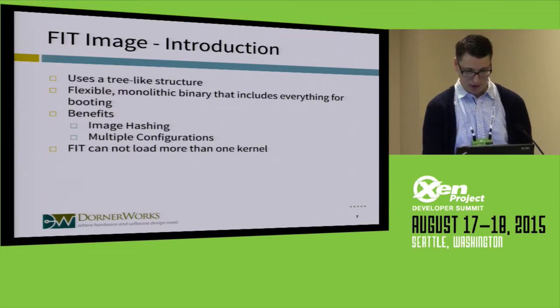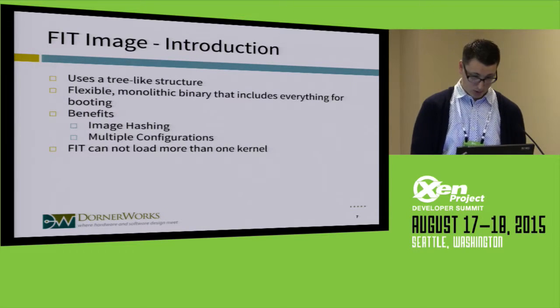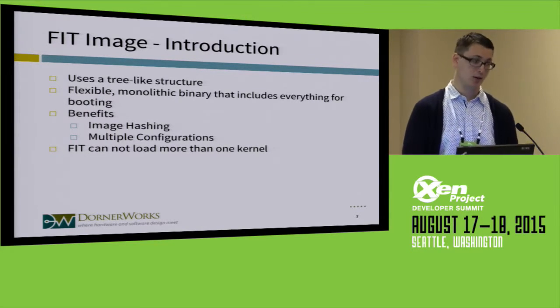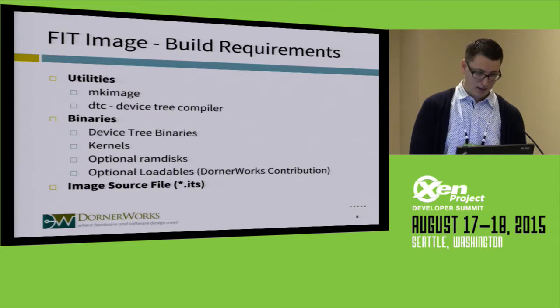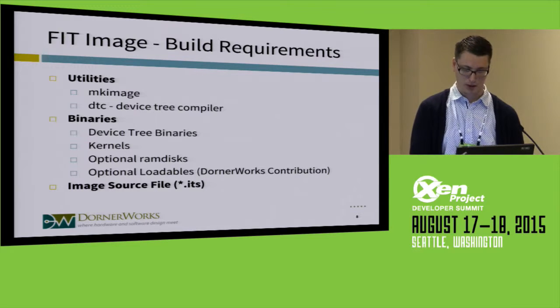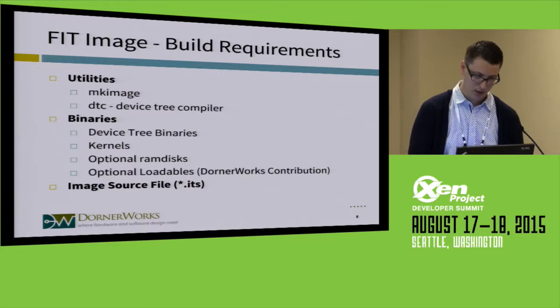While the FIT image added flexibility and convenience to U-Boot, it lacked the ability to boot more than a single kernel, which prevented us from using it on Xen systems. So the build requirements for a FIT image: it requires the mkimage utility that's built along with U-Boot and the device tree compiler.